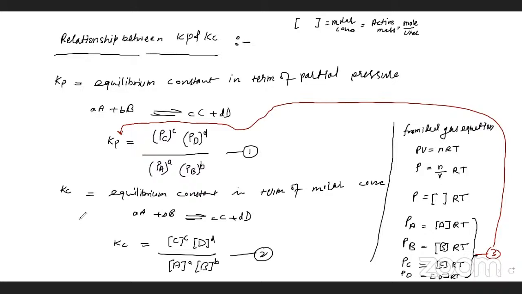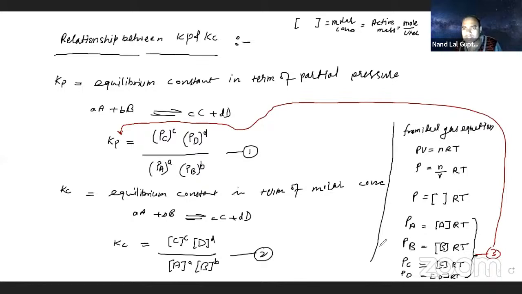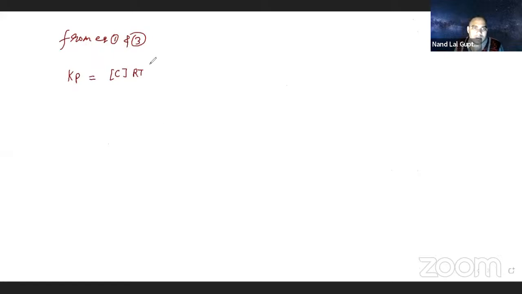Now, what we are going to do from one end: Kp is equal to what can we write? We have to write [C] in square bracket, then RT. See the value, how it is there. Pc means CRT, so CRT power.